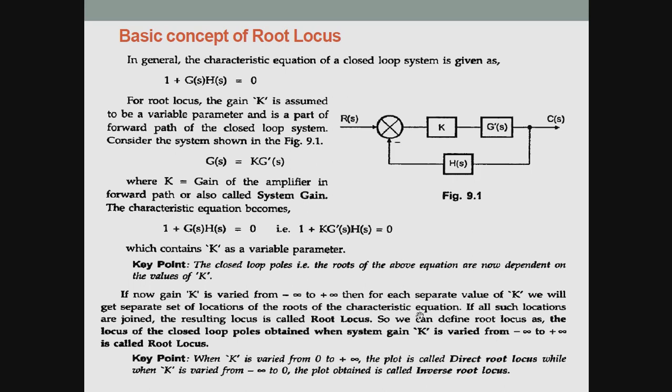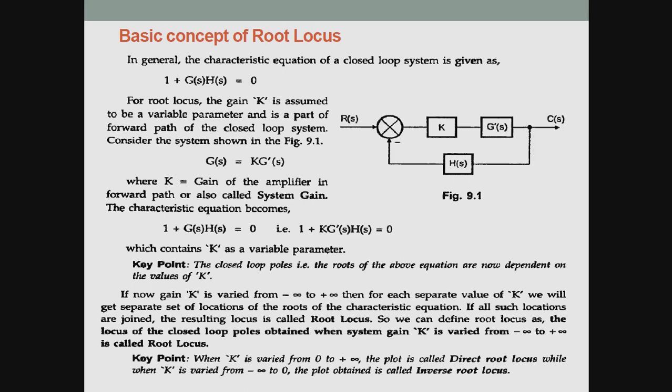This K is generally taken from minus infinity to plus infinity. If it is varied from 0 to plus infinity, we call it a direct root locus. If it is varied from minus infinity to 0, we call it an inverse root locus.